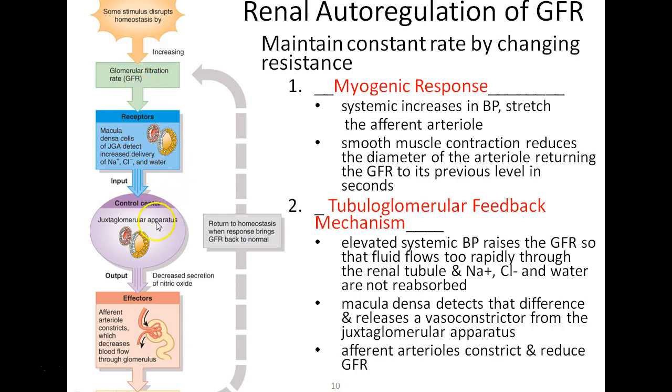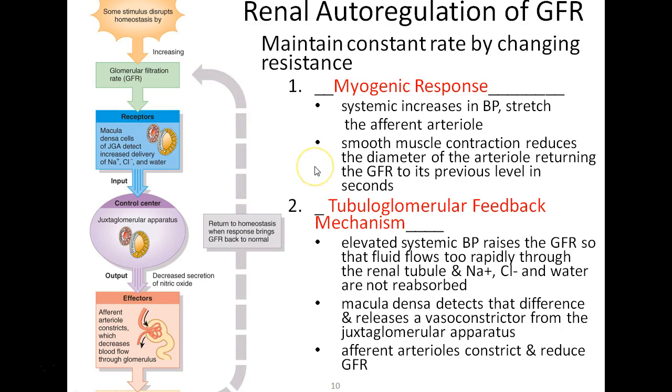We send that to the control center, the juxtaglomerular apparatus, and that's going to release some output, decreased secretion of nitric oxide, and that's going to affect those arterioles on the nephron. It's going to result in a decrease in GFR, which brings us back to a normal homeostatic balance.